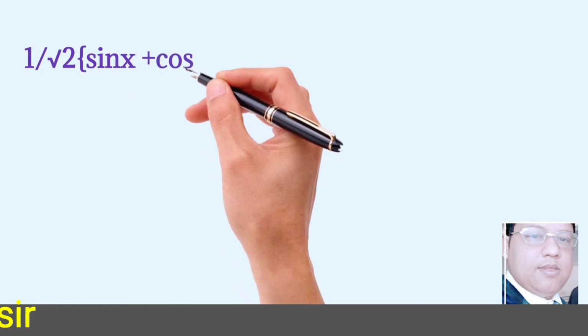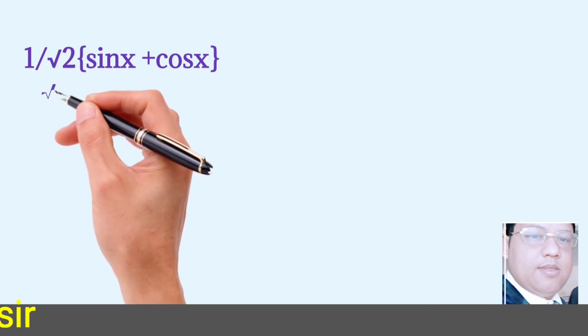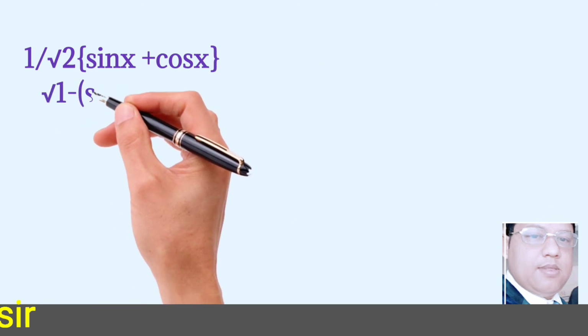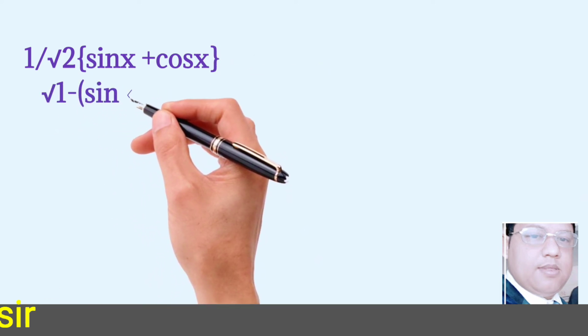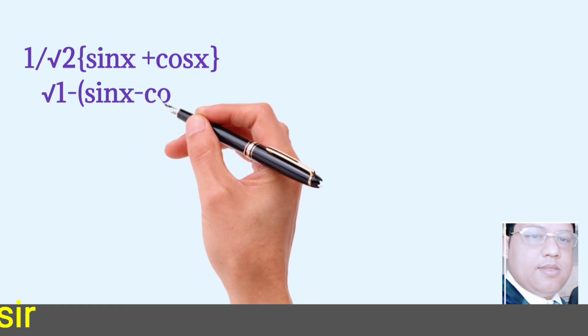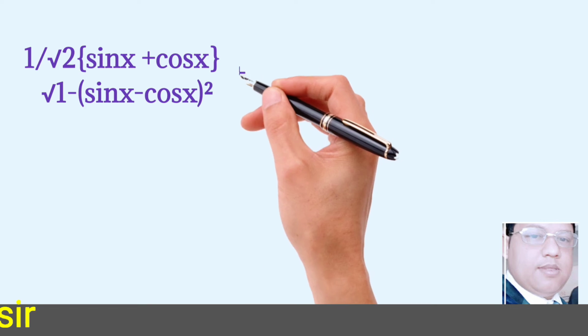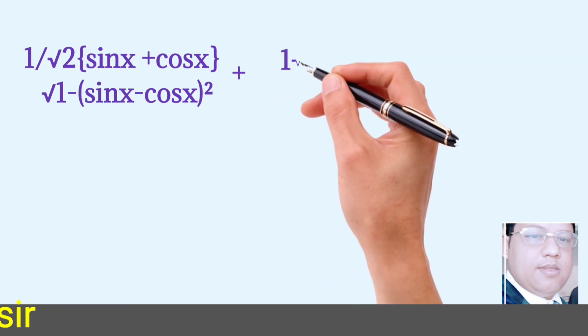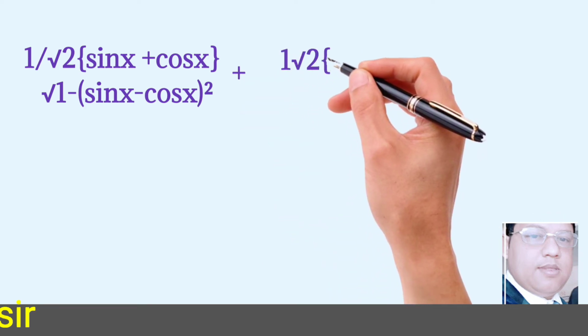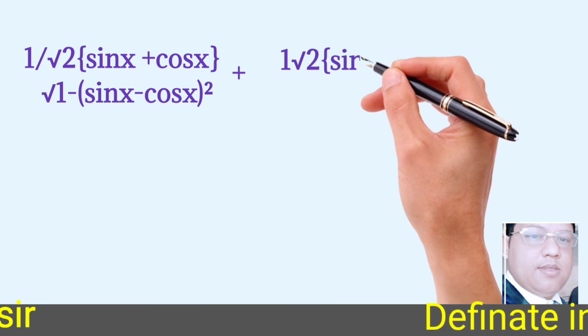Next, sin x plus cos x can be written as 1 minus sin x minus cos x whole square, because if you expand this identity, then you get 1 minus 2 sin x cos x.